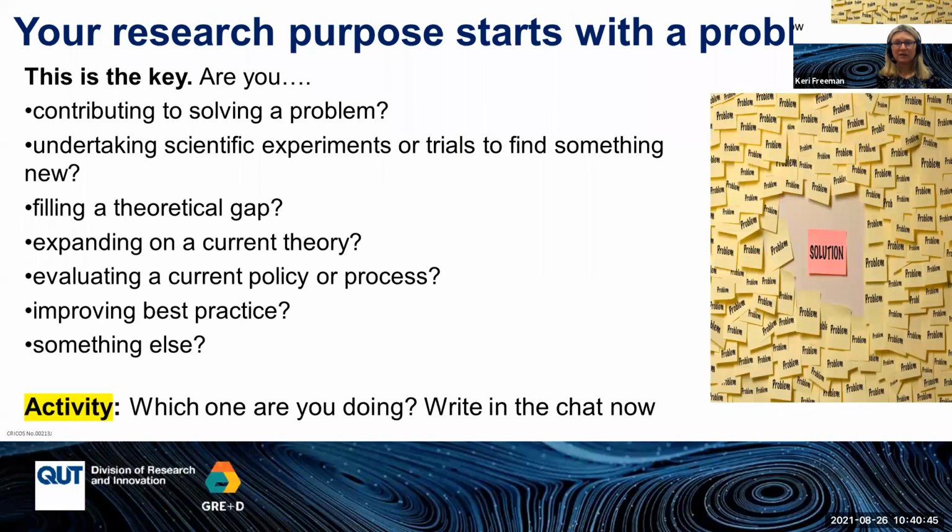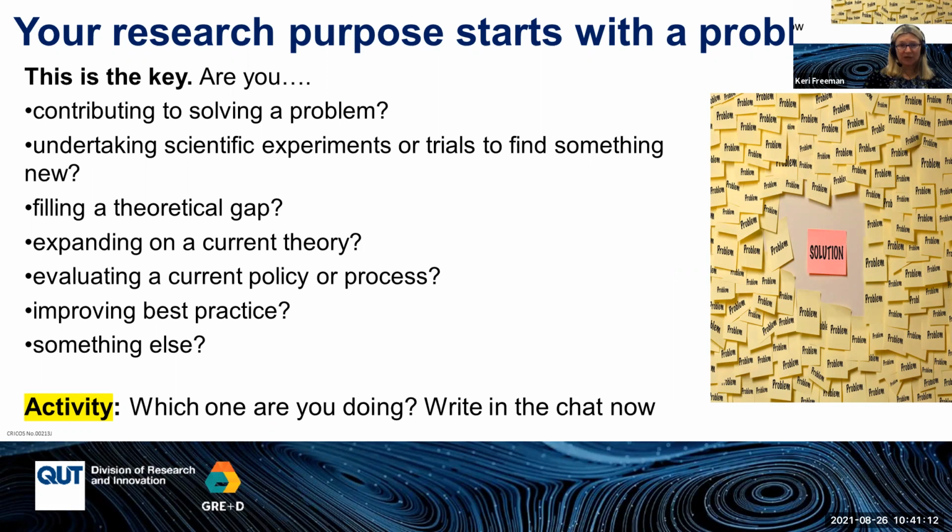So as I said, your research purpose starts with the problem. If there's no problem, why are you doing your research in the first place? So I want you to write into the chat, not so much what is your problem, but what is your ultimate goal? Are you contributing to solve the problem?